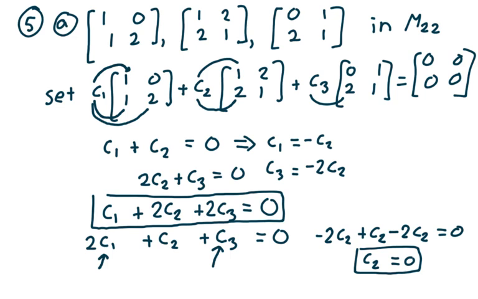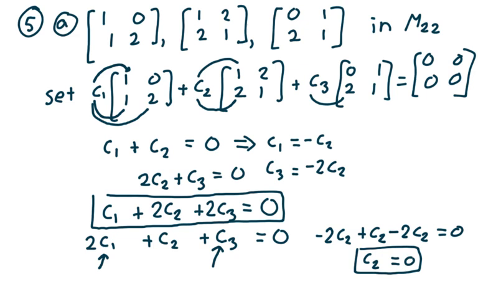C1 plus C2 equals 0, 2C2 plus C3 equals 0, and then C1 plus 2C2 plus 2C3 equals 0, and then 2C1 plus C2 plus C3 equals 0.